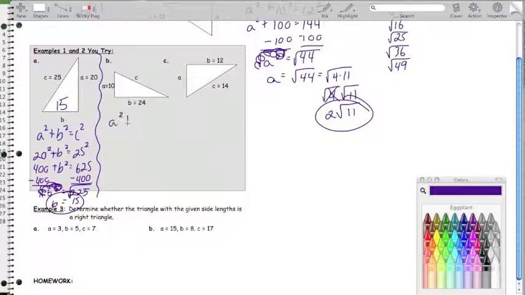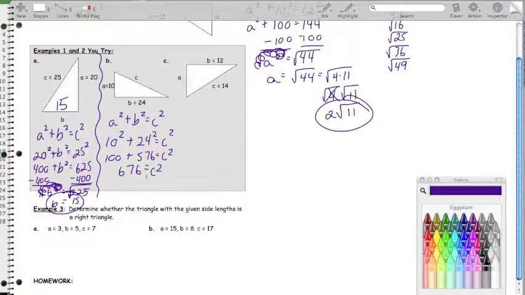All right. A squared plus b squared equals c squared. A squared is 10. 10 squared plus 24 squared equals c squared. 10 squared is 100. 24 squared is 576. So I add them both together. I'm going to get 676.